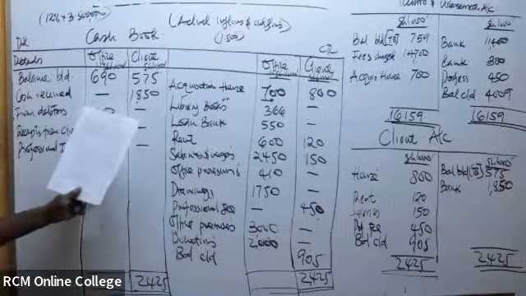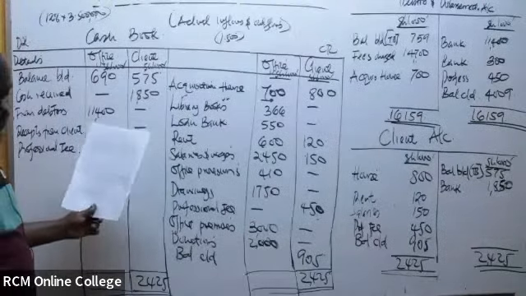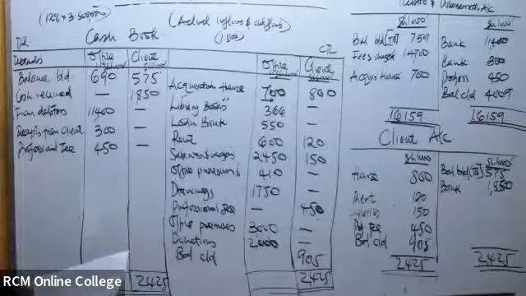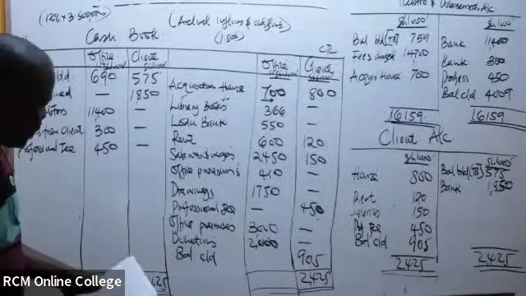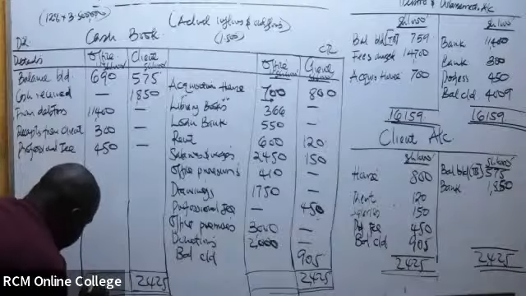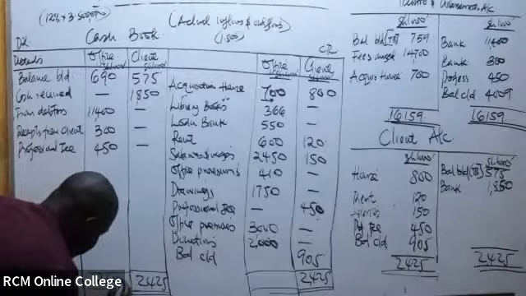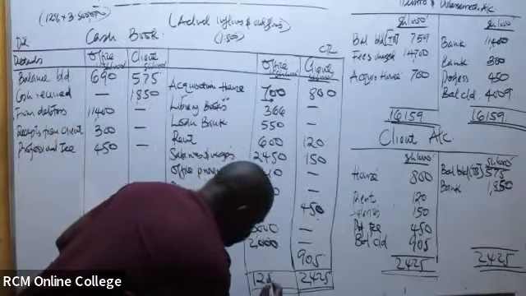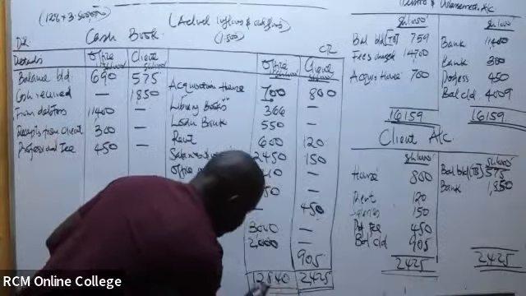This one is 690, 11,400, 300, 450. It is 12,840. It should be 12,840. So here it is, 12,840.